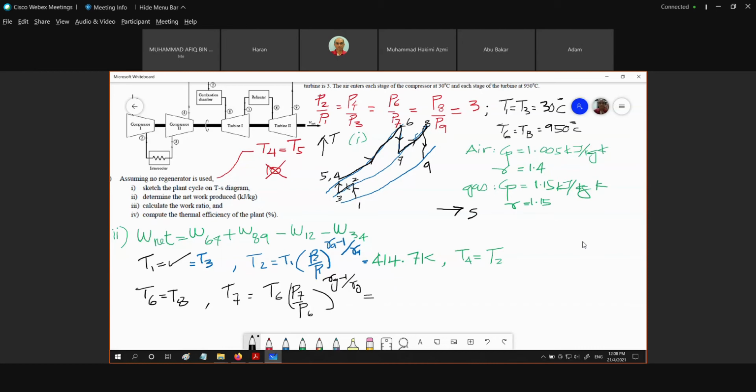I got 1059.73, sir. Using the gamma value, how much? The gamma for air? 1.15, sir. Oh, sorry, I think it's wrong right here. It's not 1.15. It should be 1.333. Sorry for that.